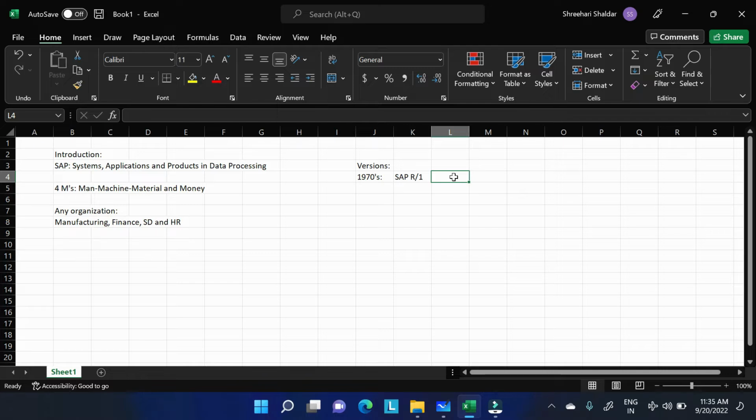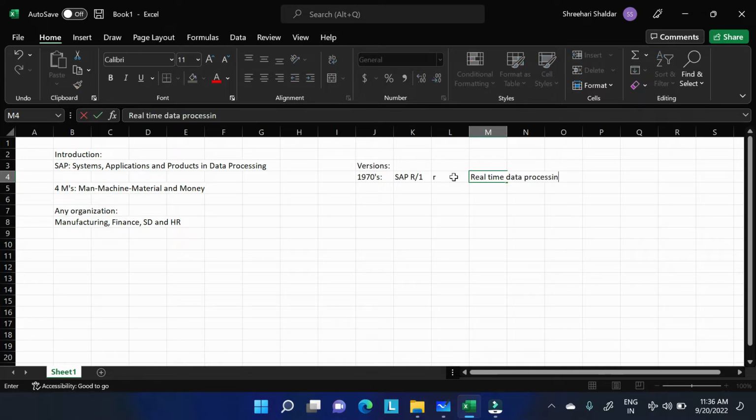And what does the 1 stand for? It is a single tier architecture.